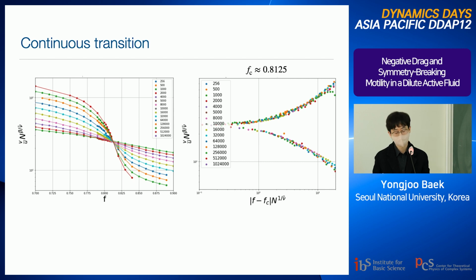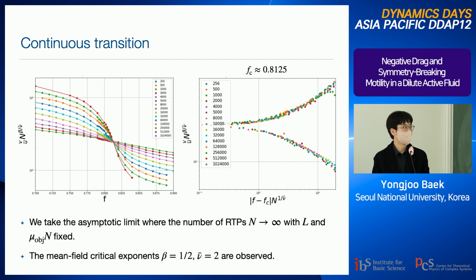For the continuous transition, we can observe by finite size scaling that this transition belongs to the Ising criticality universality class, actually the mean field Ising universality class, because this is somewhat like a Potts-type model, where all the active particles are influencing each other through the passive object that they interact with.